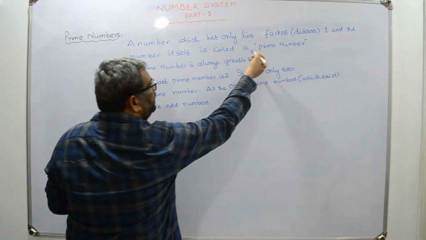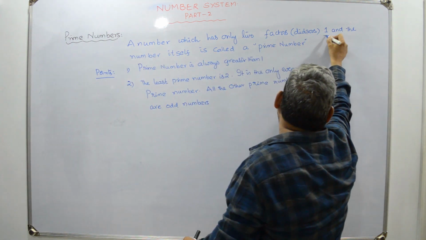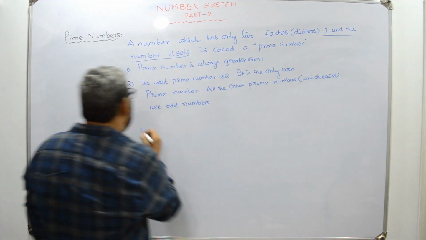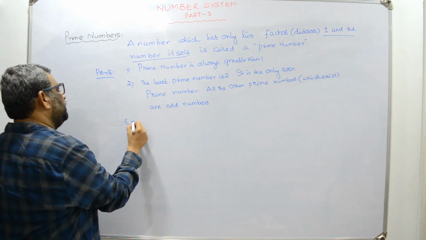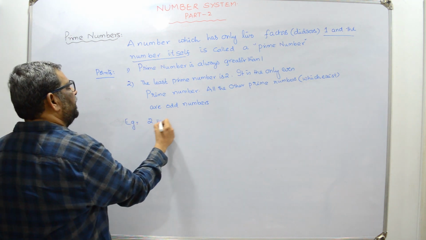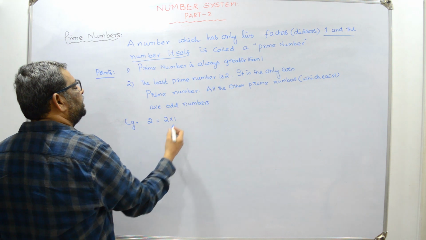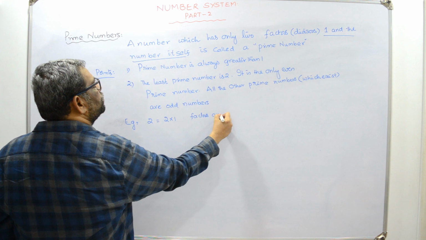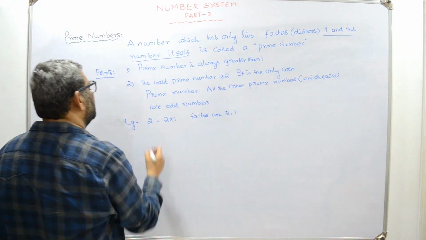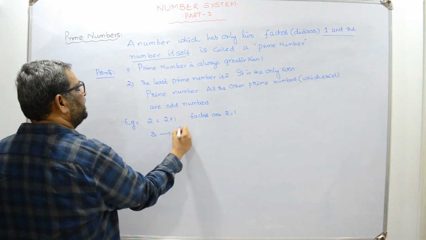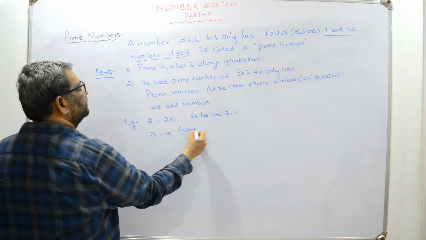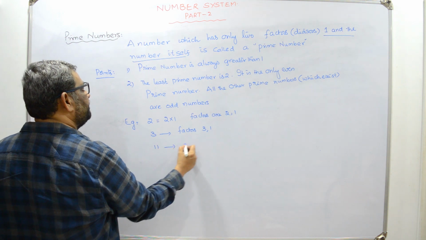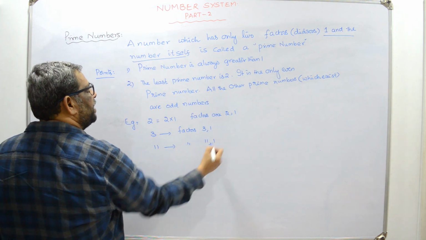A number which has only two factors, 1 and the number itself, is called a prime number. Example, if you take 2, it can be written as 2 into 1, so the factors are 2, 1. If you take 3, the factors are 3, 1. If you take 11, the factors are 11, 1.